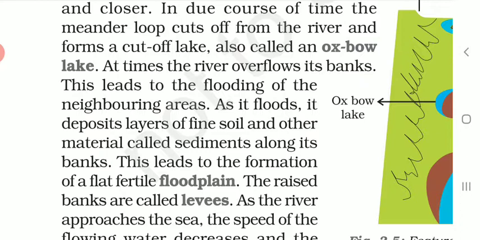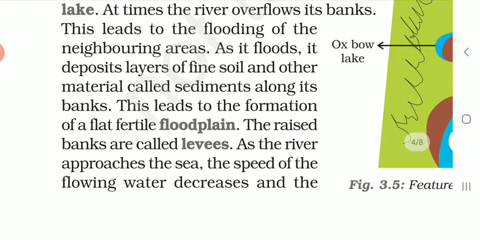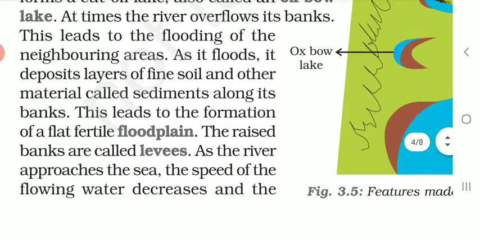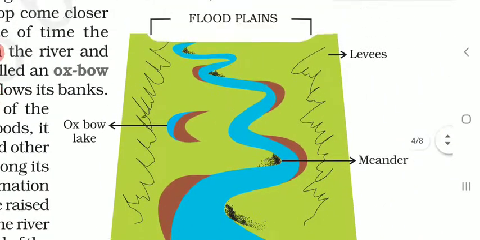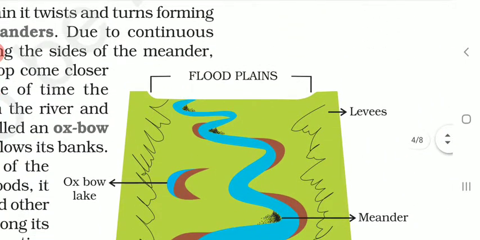These soil layers are getting deposited one by one, and from this fine soil the floodplains are forming, and these floodplains are very fertile. And fertile means what? It is very helpful for doing agriculture over there. So these floodplains are very helpful for growing crops.